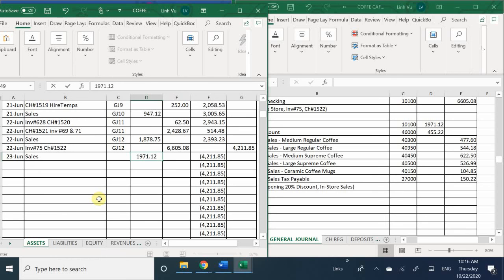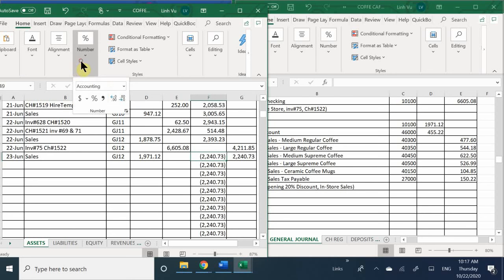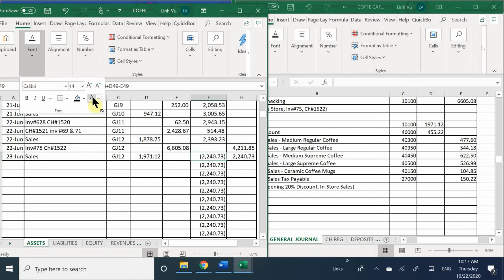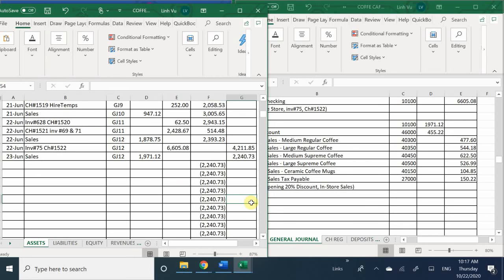Negative. Yes, we are still negative. $2,240.73. And I'm going to hide that in white. So we're still negative, but we're making our way out of the hole.